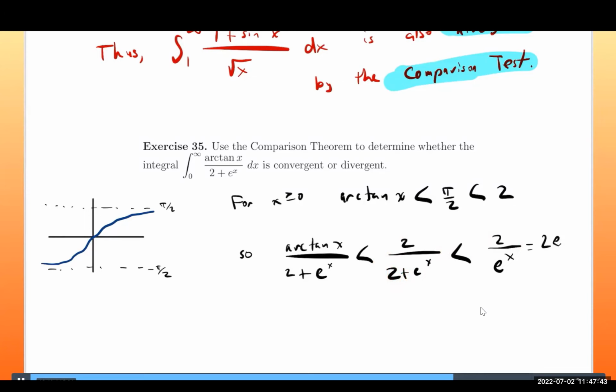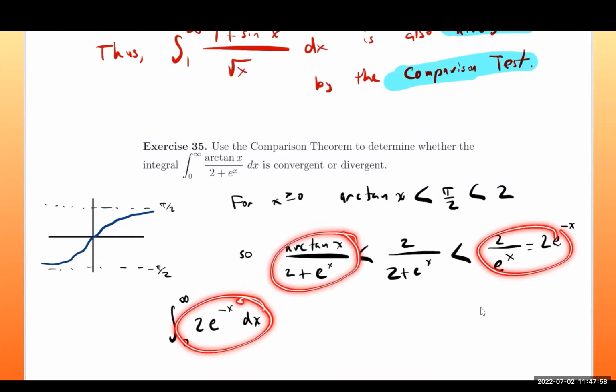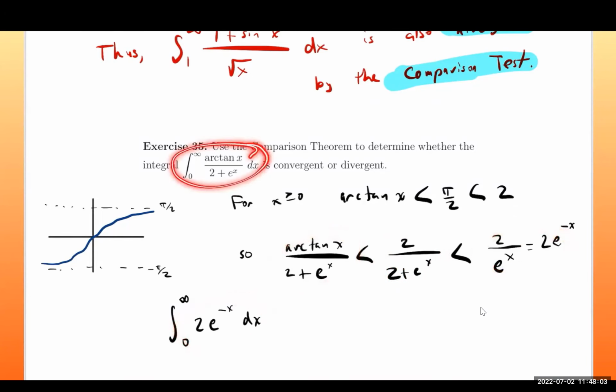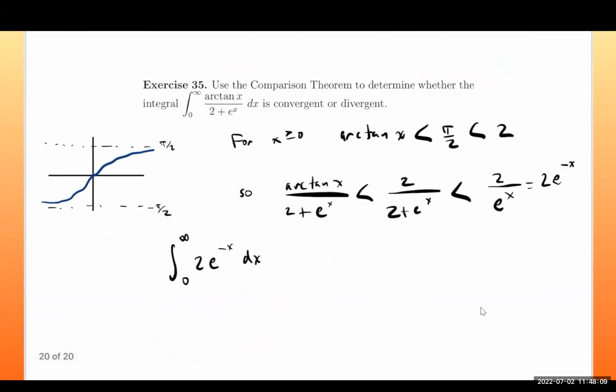We can conclude that, which is the same thing as 2 e to the negative x if you rewrite that. So now, if we can show that this integral is convergent, and since it's bigger than this function, therefore by the comparison test, this integral must also be convergent. So our job is to show that this is convergent. Let's see if we can do that so that we can apply the comparison test.